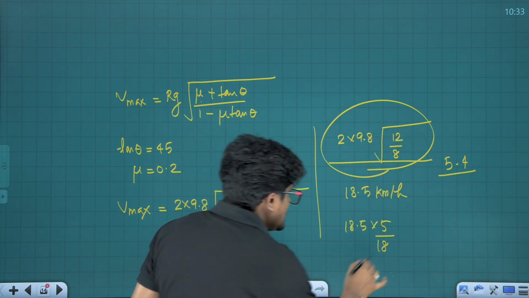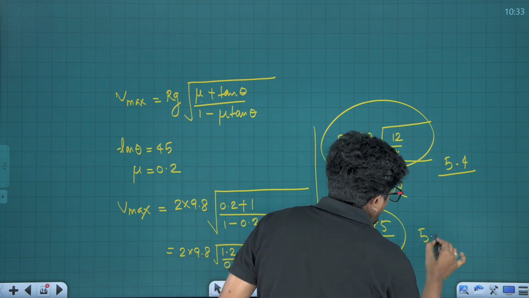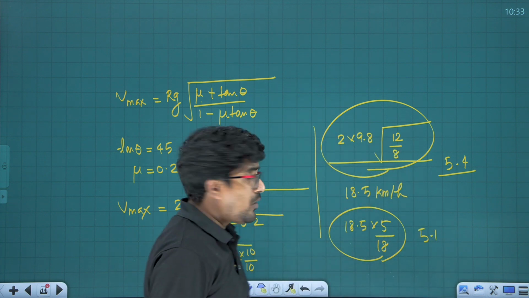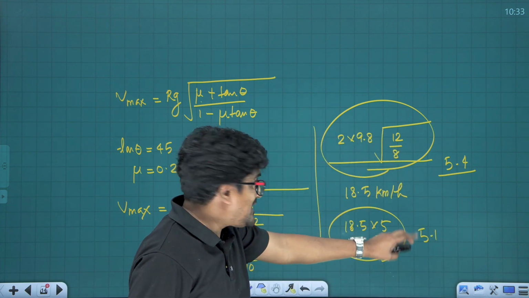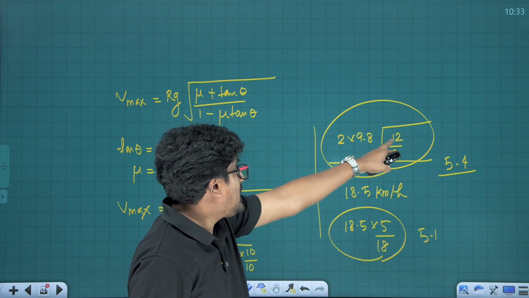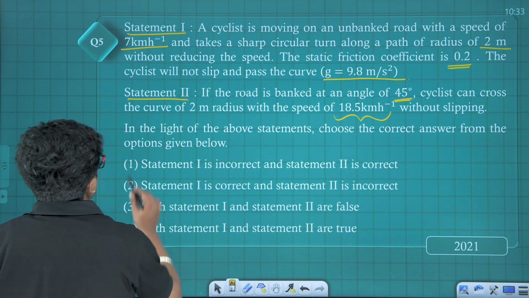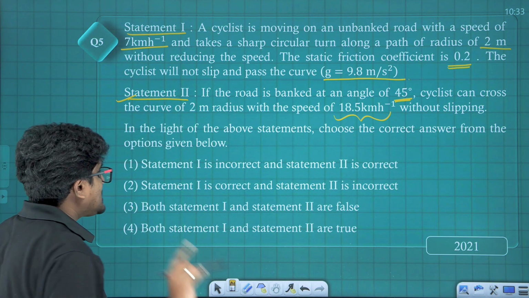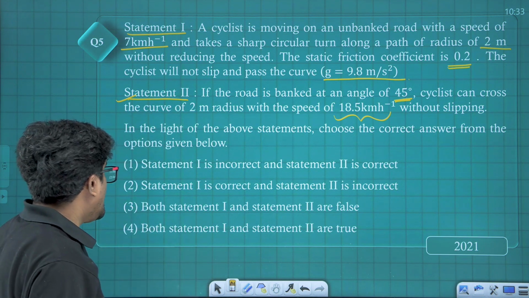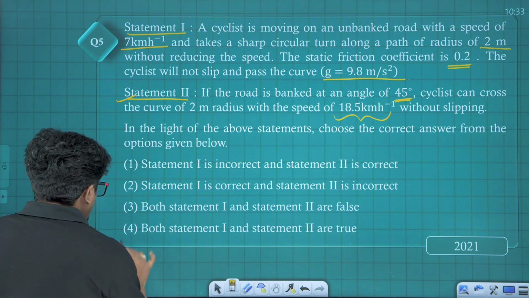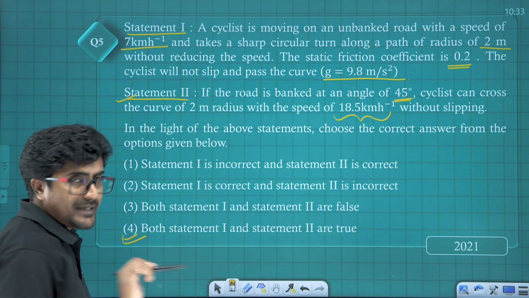And if you solve the other, you will get approximately 5.1. So what you are going to achieve is 5.1 something, and the maximum allowed is 5.4, which means statement 2 is also correct. So here statement number 1 is correct and statement number 2 is also correct. That means option 4 is going to be the correct answer.